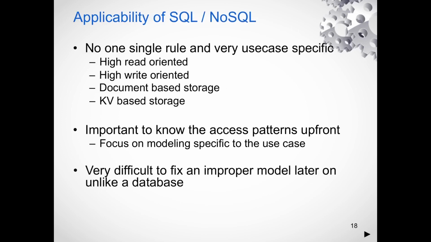Let's take a look at where these characteristics can be applied. There's actually no single rule. You can use Cassandra for high read oriented applications, high write oriented applications. You can actually use Cassandra to store documents too. But will you be able to fetch the data based on a certain attribute of that particular document?